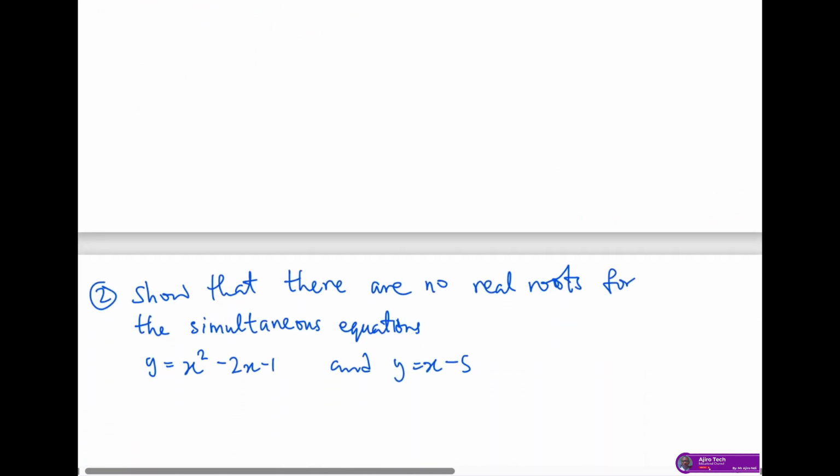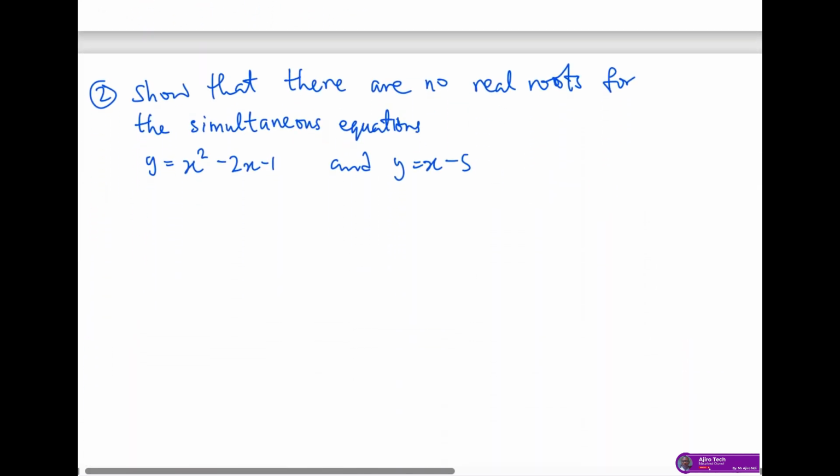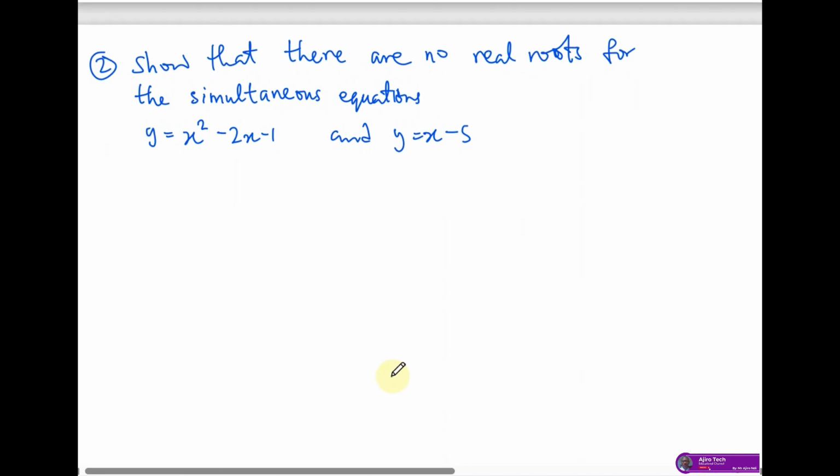Next question. Show that there are no real roots for this. First of all, combine them. Substitute for y. When I see y, put this. So y is this, x squared minus 2x minus 1. Since y is the subject of both equations, we equate it to x minus 5.